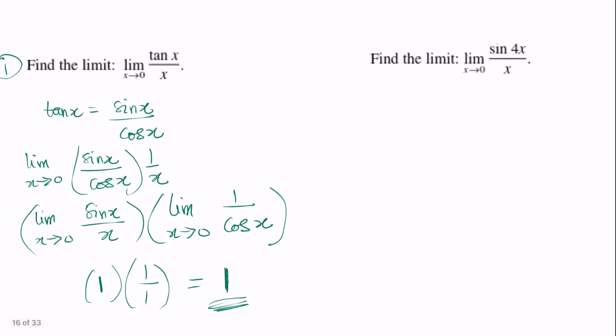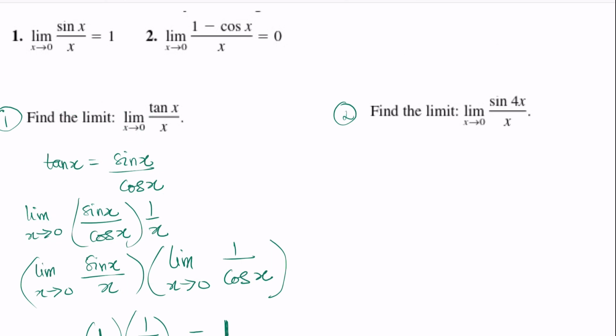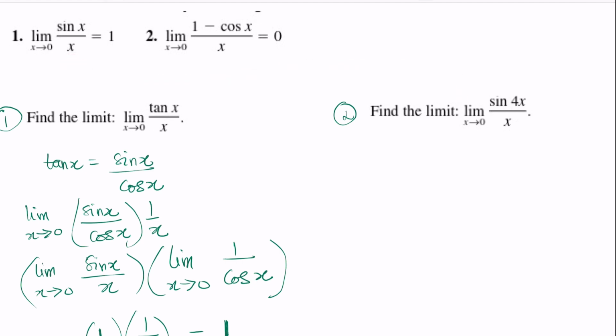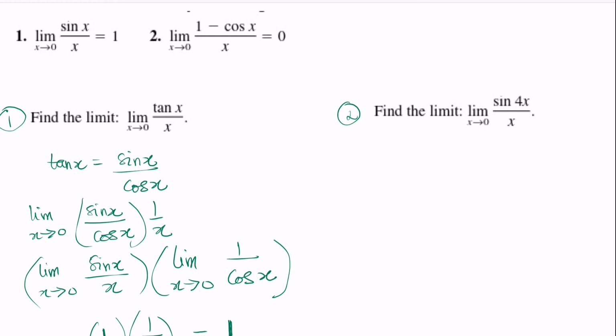So in this second example, it says we should find the limit of sine 4x over 4 as x approaches 0. So how do we solve this? To be able to solve this, we have to relate this to the special limit that we know. So we are going to rewrite this into this form so that we can use the special limit. So this can be written as 4 divided by 4 times sine 4x divided by x.